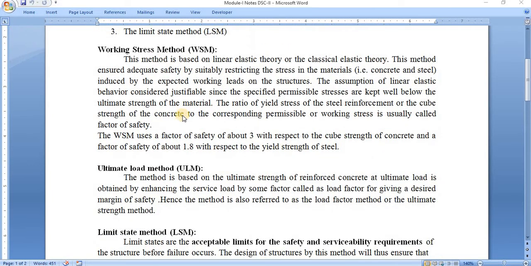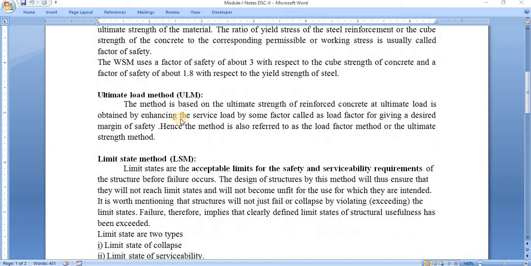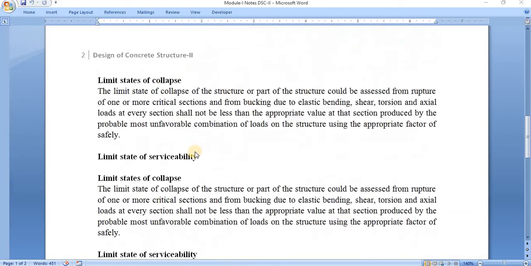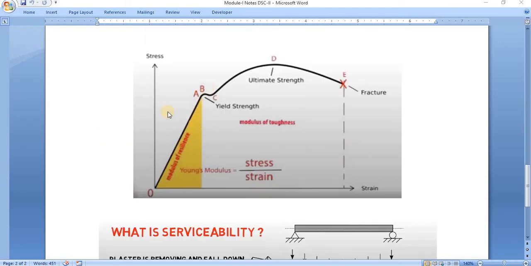In working stress method we use the linear behavior of the material, but in ultimate load method we use the ultimate strength of the material. With this diagram I have explained all the things. Up to here the strength of the material is used in working stress method, and up to here in ultimate load method.